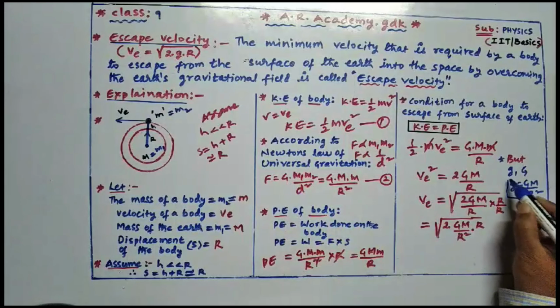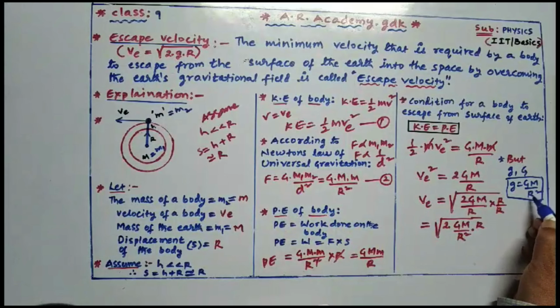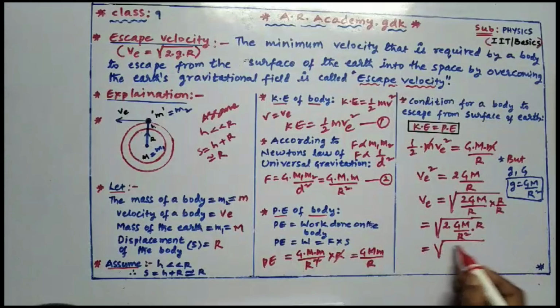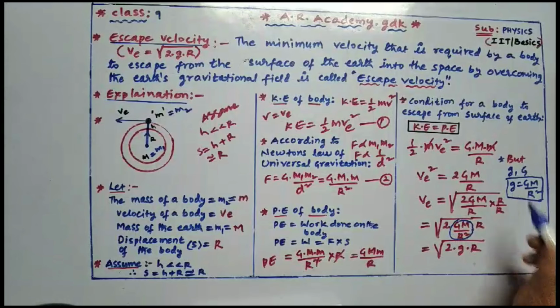So GM by R square equals g. Then it will become square root of 2 into g into R. Here instead of GM by R square I substituted g.